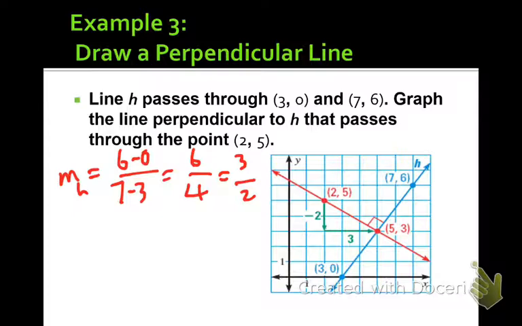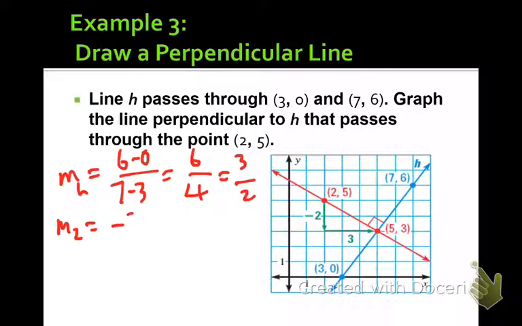Now, to find the slope of the red line, we'll call that M2, we're going to do the opposite reciprocal. What is the opposite reciprocal of 3 over 2? Yes, Brandon? 2 over 3. Not just 2 over 3, you forgot the opposite part. Evan?